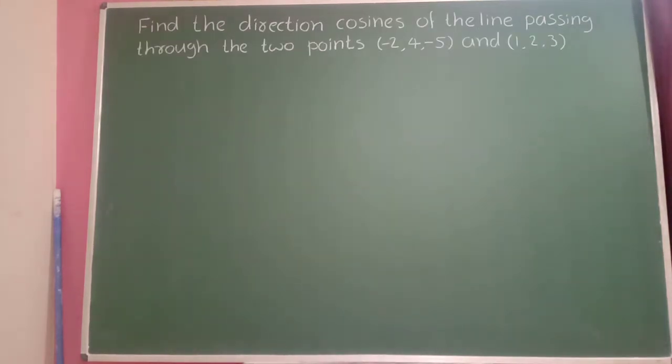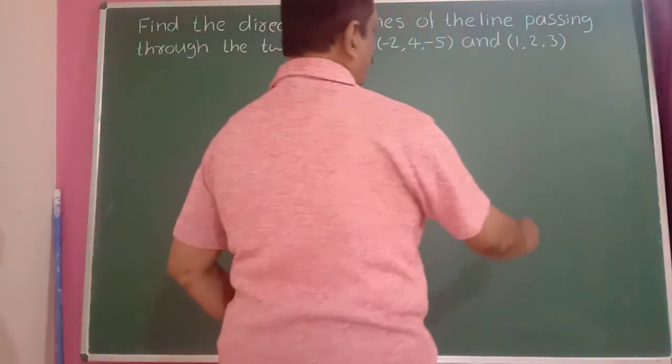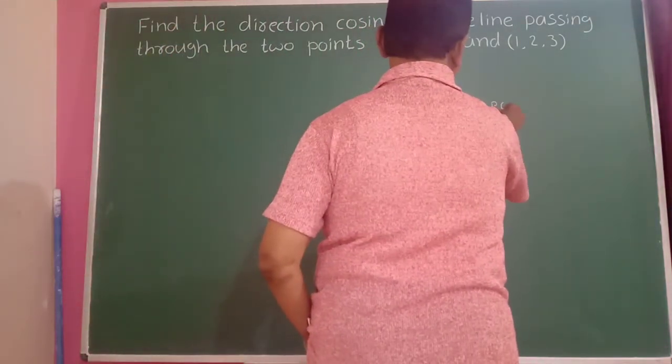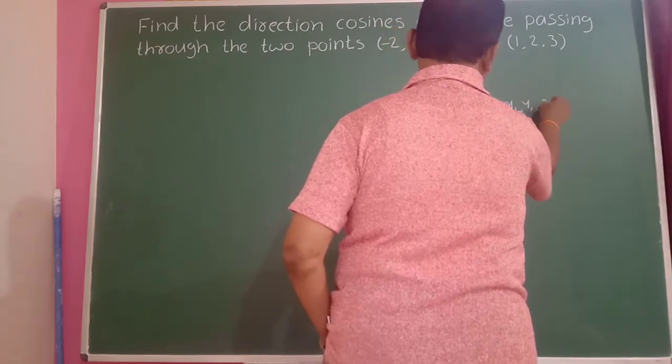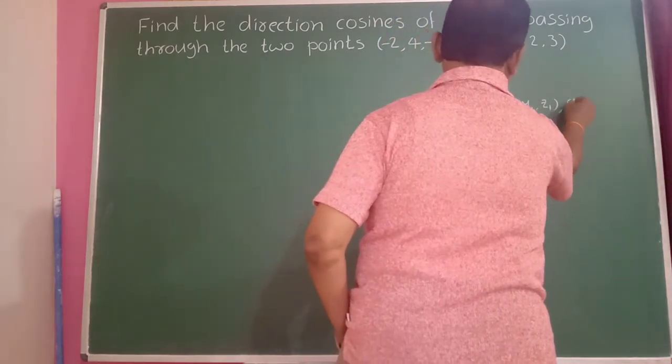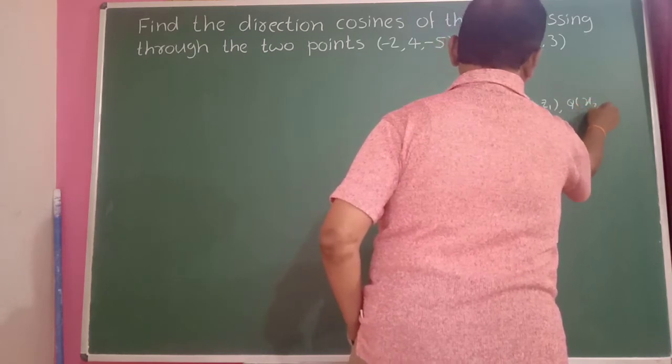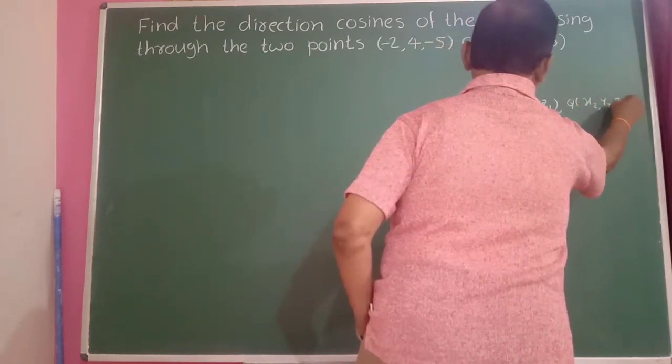So find the direction cosines of the line passing through the 2 points here. Okay. So you know that if you know 2 points here, consider P (x1, y1, z1) and Q (x2, y2, z2).